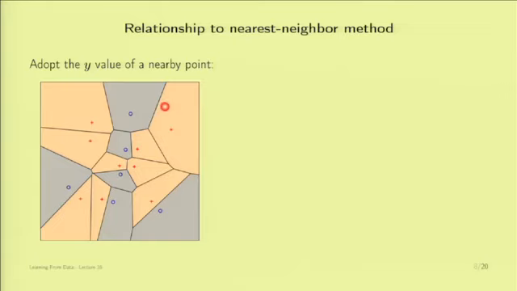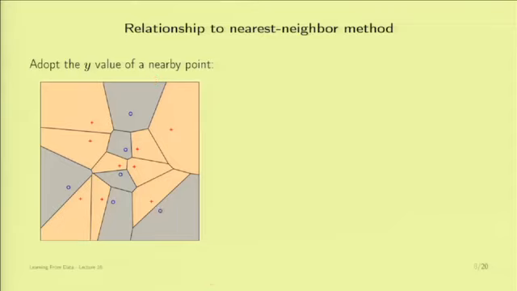And here it's still the closest. Once I'm here, this guy becomes the closest, and therefore it gets blue. So you end up, as a result, breaking the plane into cells. Each of them has the label of the point in the training set that happens to be in the cell. And this tessellation of the plane into these cells describes the boundary for your decisions. This is the nearest neighbor method.